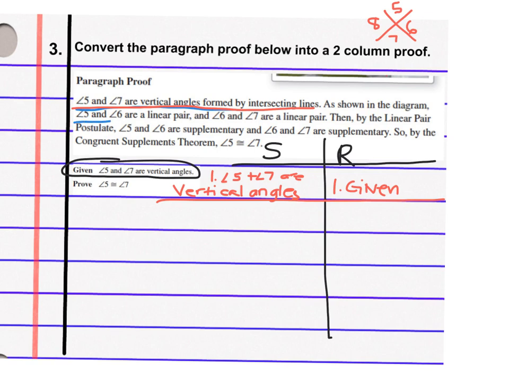Okay, next we have 5 and 6 are a linear pair. 6 and 7 are a linear pair. Okay, so let's do that for our next line. So measure of angle 5 and the measure of angle 6 are a linear pair.